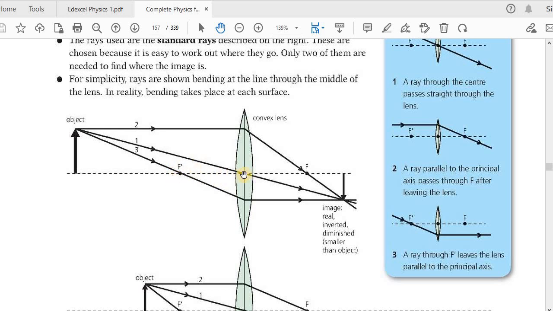The principal focus is the same distance on either side of the lens. The distance from here to here and the distance from here to here are the same. We call that distance the focal length. The distance from the center of the lens to the focus is the focal length. Now you know how to draw the diagram.